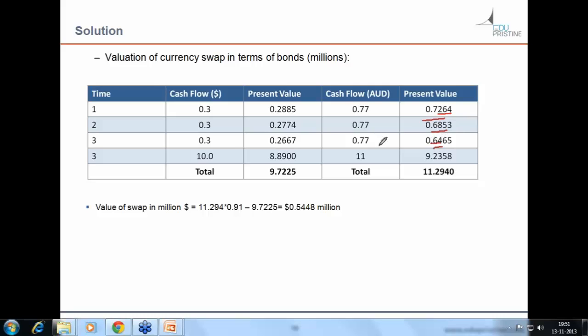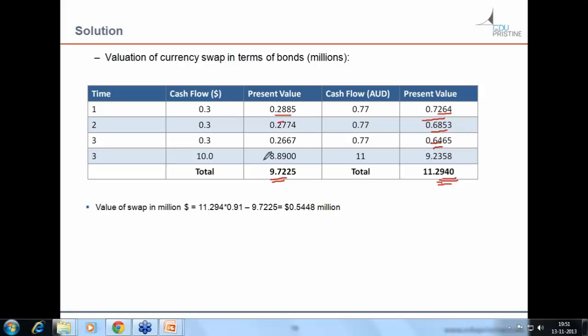And you get the present values. So the present value in USD is 9.7 million USD, and in Australian dollar it is 11.294 Australian dollars.